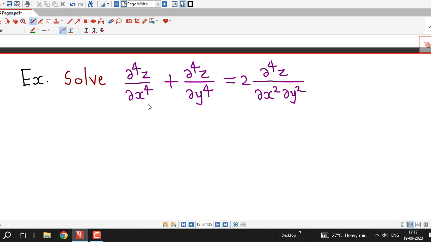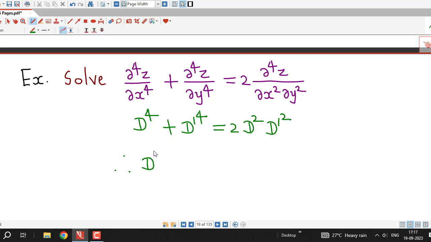Here I have a partial differential equation of order 4, and first we write this in powers of D and D dash. Here I have partial derivative with respect to x 4 times, that is D raised to 4, plus D dash to the power 4, equal to partial derivative with respect to x 2 times, that is D square, and partial derivative with respect to y 2 times, that is D dash square.